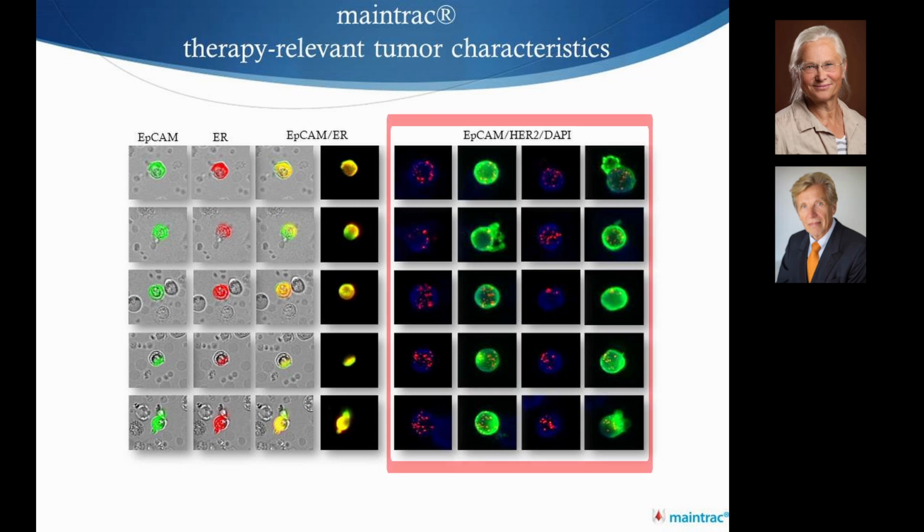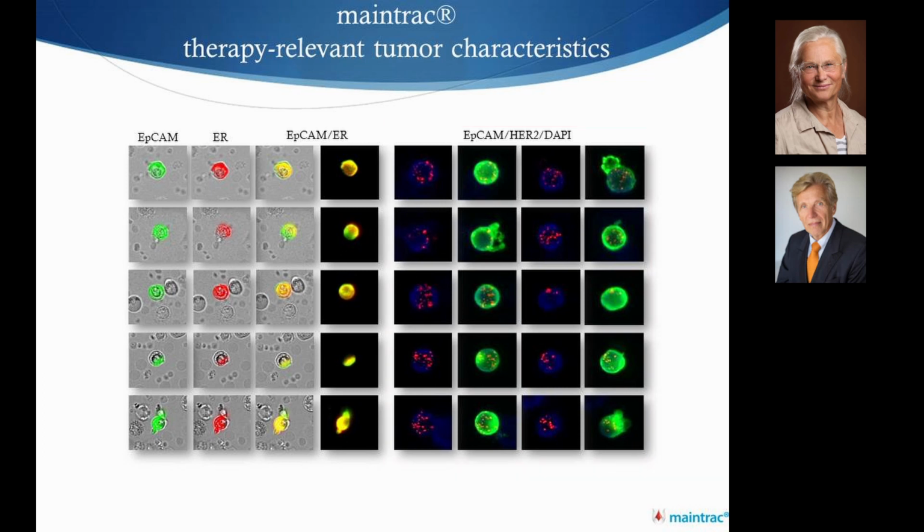And on the right side, there is an example of how the amplification of the HER2/neu gene can vary in the cells during therapy. So we can look whether there are only one or two genetic copies of the HER2 gene, or whether it's amplified, and these cells are more responsive to growth factors.